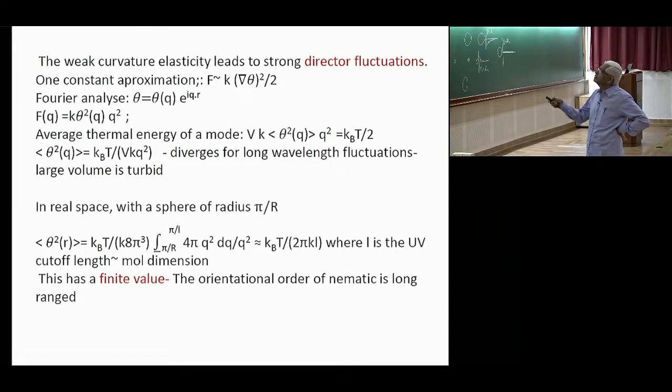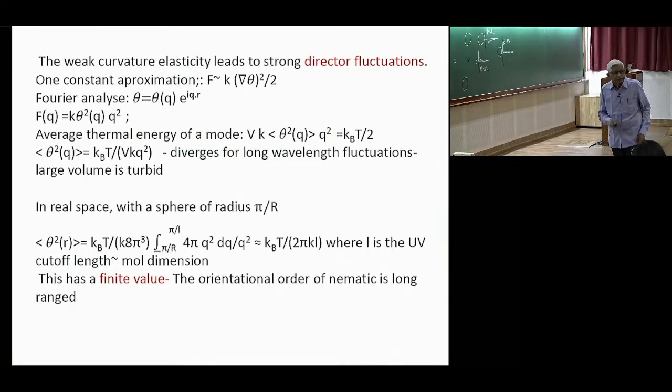Because I just Fourier analyzed theta, and then I applied the equipartition theorem. So therefore I could calculate theta squared q, and then I went back to real space. This is again a very standard technique that is used to calculate your fluctuation amplitudes in the mean field approximation, basically.